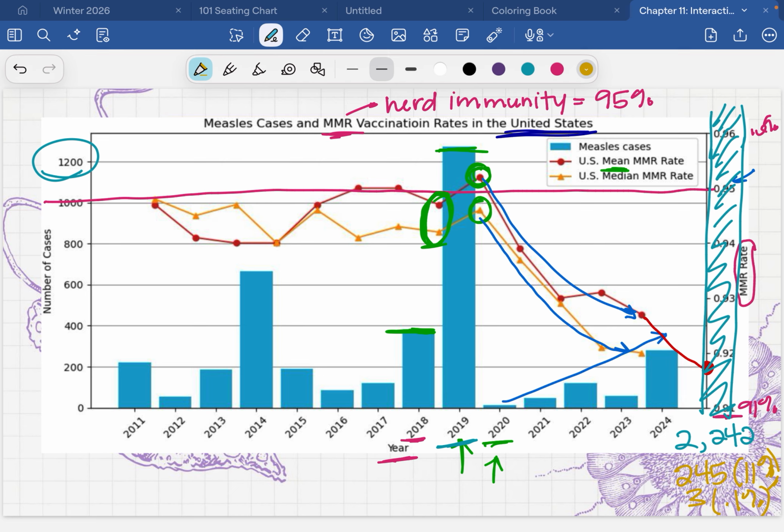So in the 1950s, before there was a vaccine, on average, 500,000 people got the measles every year. Now, that was at a time when our population was a lot smaller.